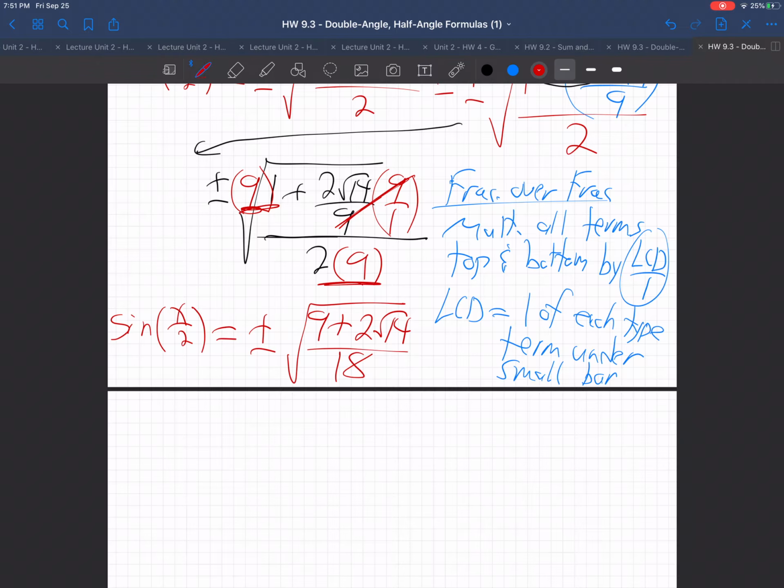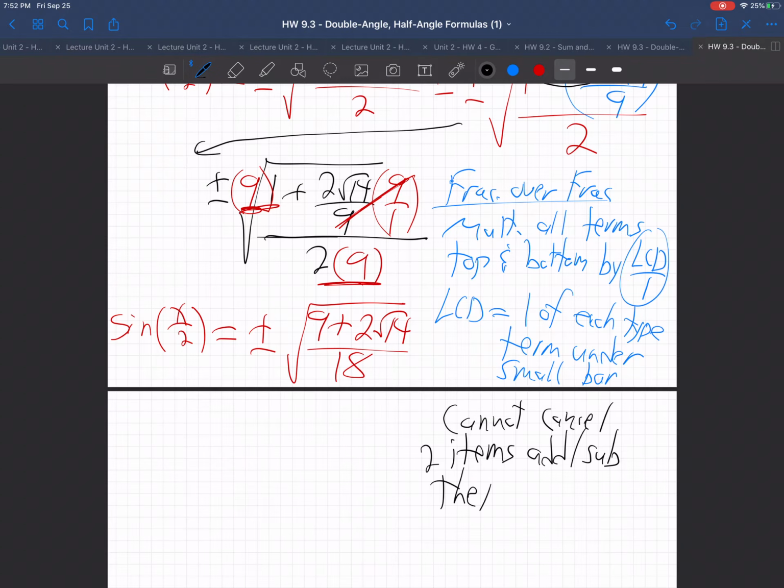Okay. Oh, by the way, another thing you might think you can cancel, that. Nope, you cannot cancel. Let me write another note. So many important algebra lessons here. Cannot cancel two items added or subtracted.